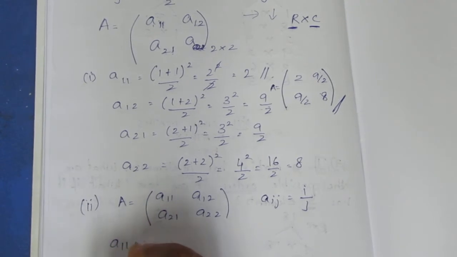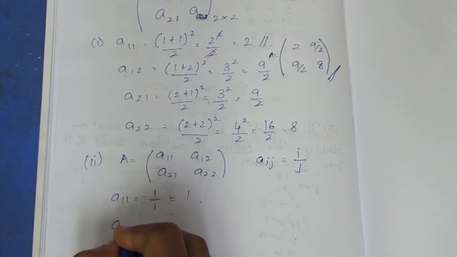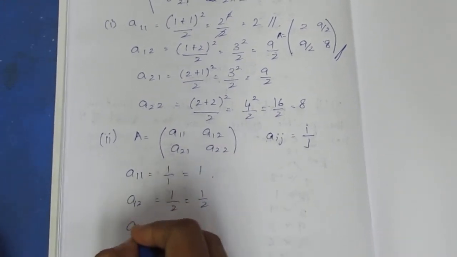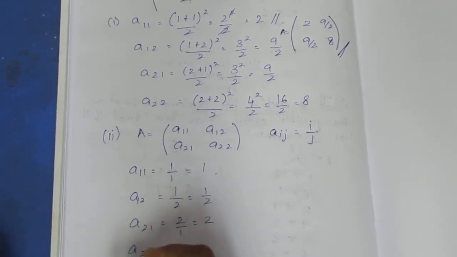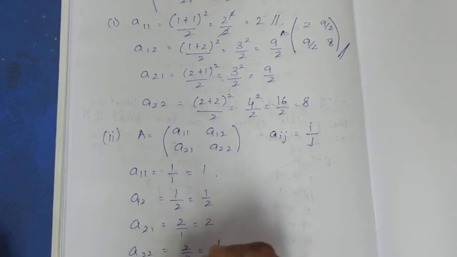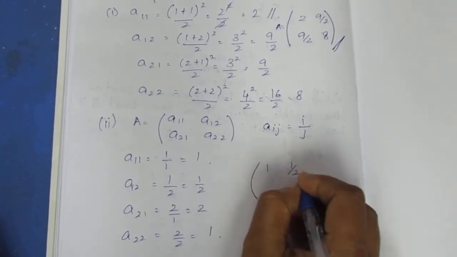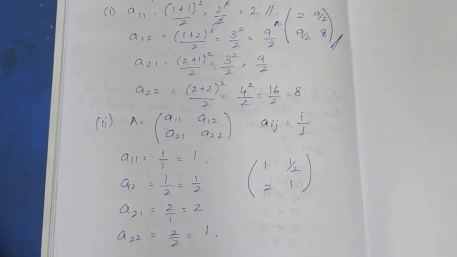Now a11 is 1 by 1, which is equal to 1. a12 is 1 by 2, equal to 1 by 2. a21 is 2 by 1, equal to 2. Next a22 is 2 by 2, equal to 1. Now start writing 1, 1 by 2, 2, 1. This is the second subdivision answer.